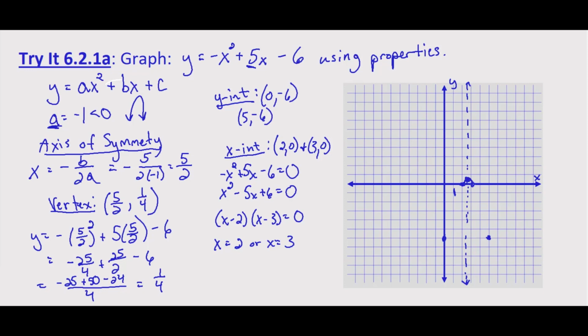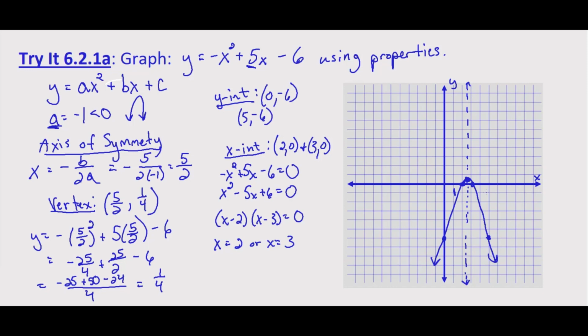Now we can go ahead and put all of this together. If we wanted to check our graph, we could put some inputs in for a couple more x values and verify that they do end up on the curve that we have graphed.